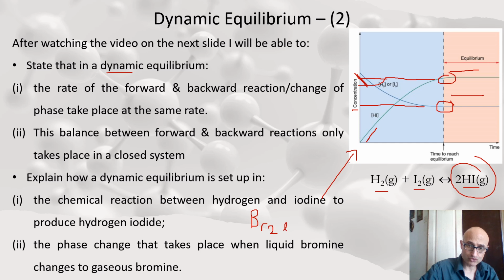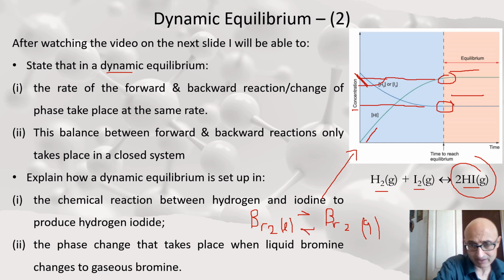So Br2 liquid, if you heat it, it will form bromine gas, and if you cool it back, it will form bromine liquid again. Okay, it's a reversible change and it's a phase change.